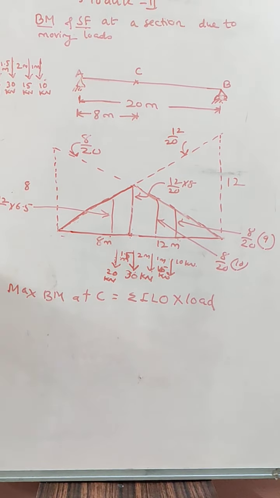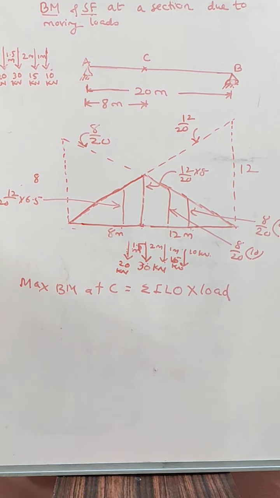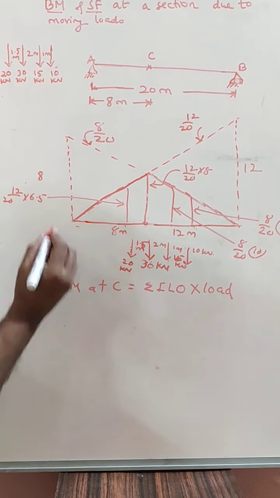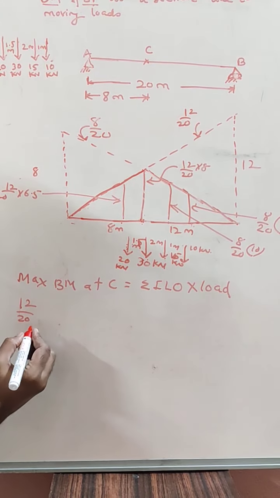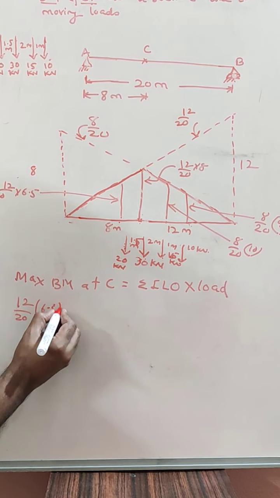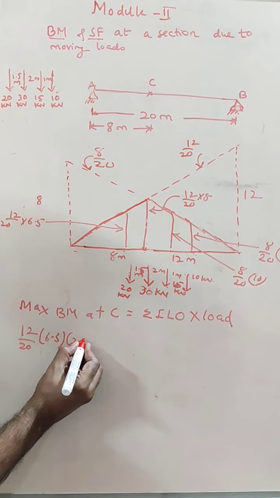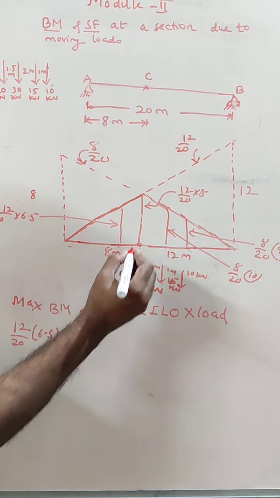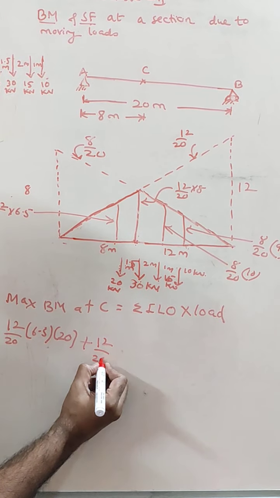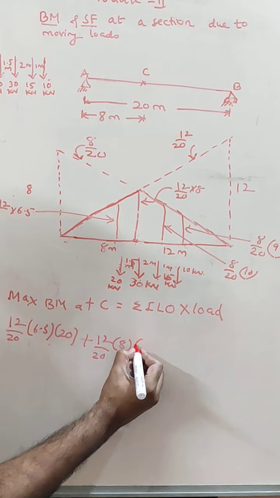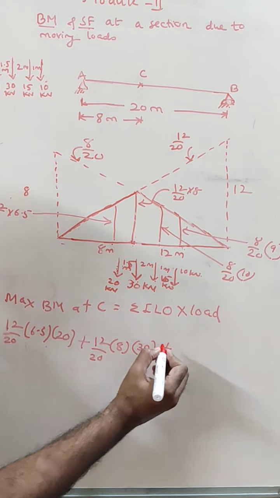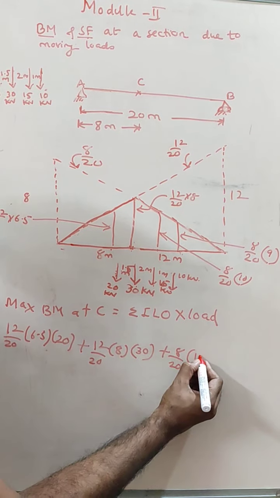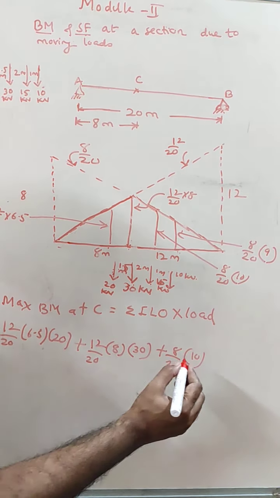So once we find these ordinates, then we will substitute here summation influence line ordinate into load. First is 12 by 20 into 6.5 into 20, plus next big one, 12 by 20 into 8 into 30, plus next third ordinate, 8 by 20 into 10 into 15.